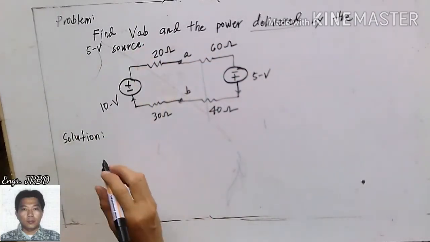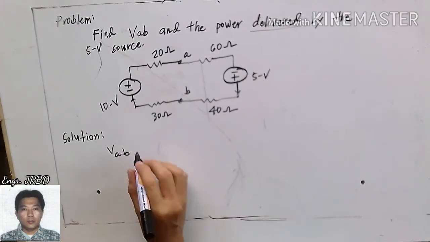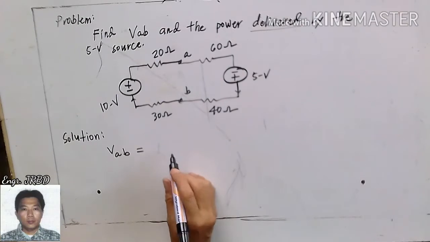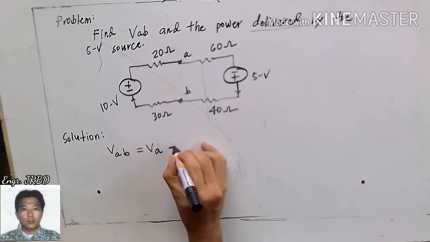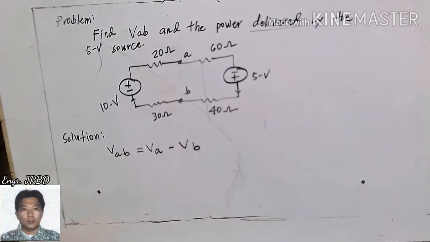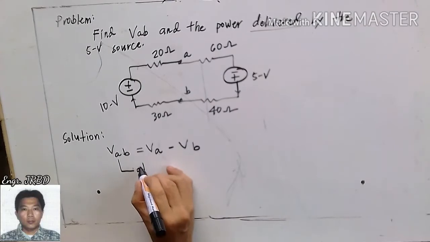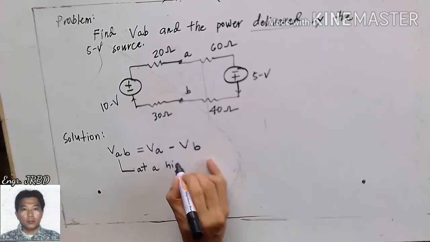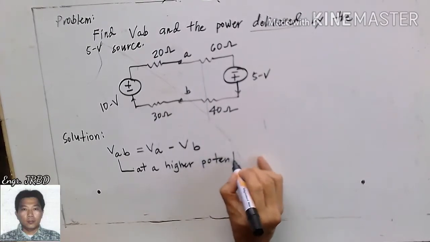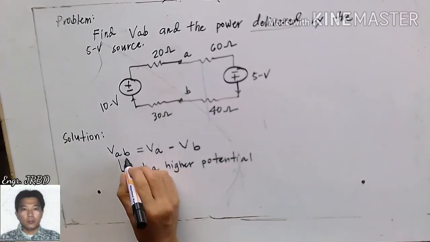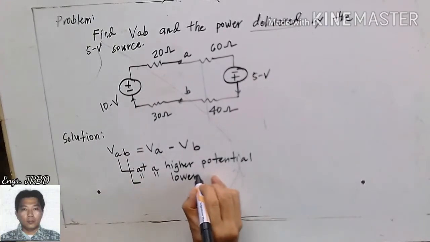Let us take a look at the voltage that is required. Voltage AB. How do we interpret this? Voltage AB is actually the potential difference between terminal A and terminal B. It is assumed that terminal A is at a higher potential compared with point B. At point B, this is at a lower potential.